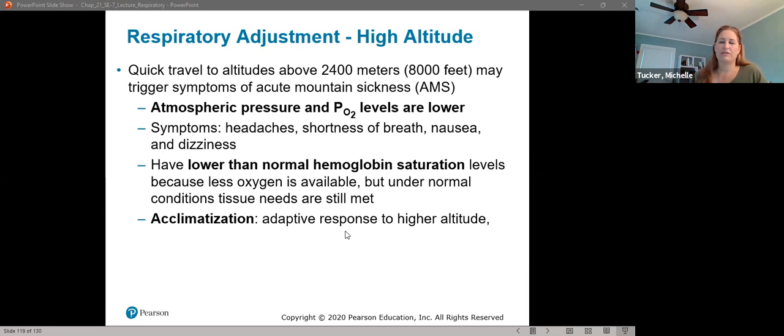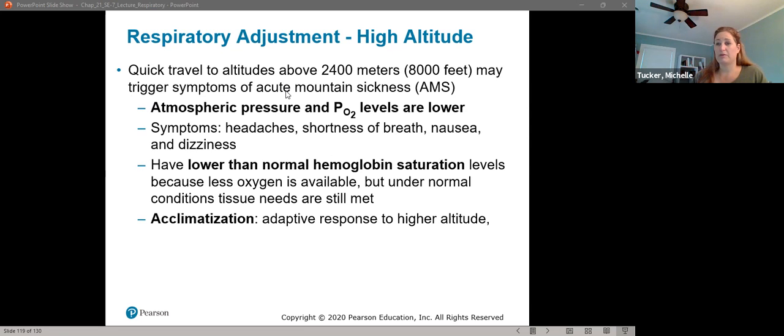With high altitude, there are acute effects and then chronic effects. Normally, atmospheric pressure is sufficient to maintain high levels of hemoglobin saturation up to about 5,000 feet. Past 5,000 feet, the atmospheric pressure declines and PO2 levels are lower.